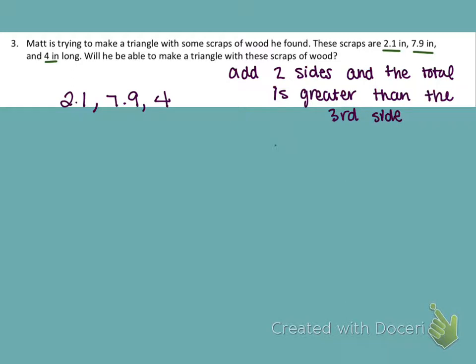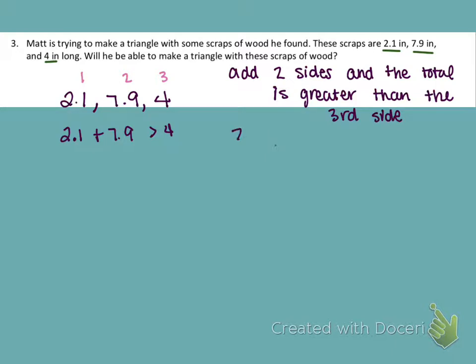I'm just going to label these sides 1, 2, 3. Here I have side 1 and side 2. So 2.1 plus 7.9 has to be greater than 4.